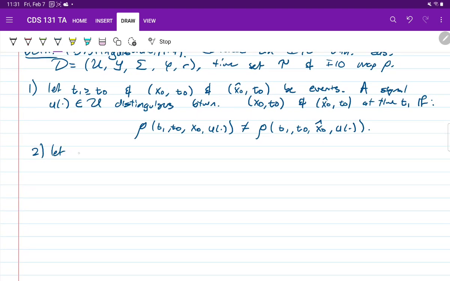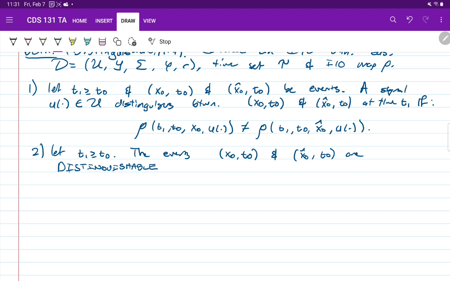So I'll say let t1 be greater than or equal to t0. Now the events x0, t0 and x0 hat, t0 are distinguishable if there exists a time t in [t0, t1] at which some input signal distinguishes between them.